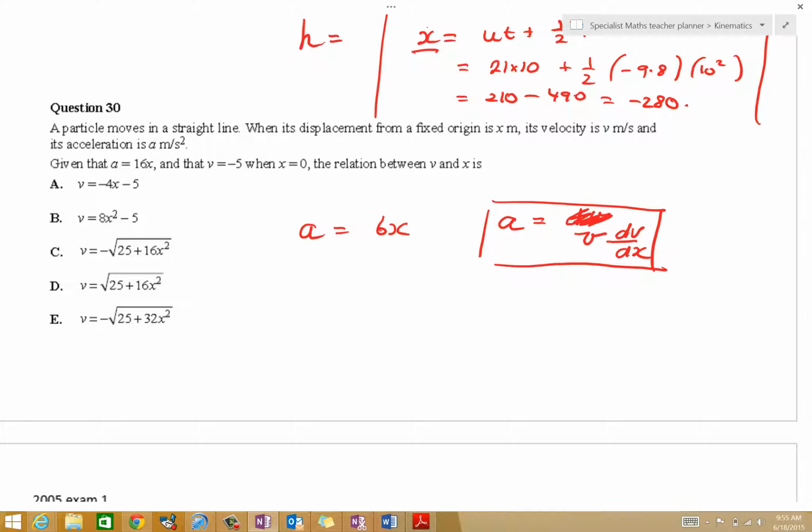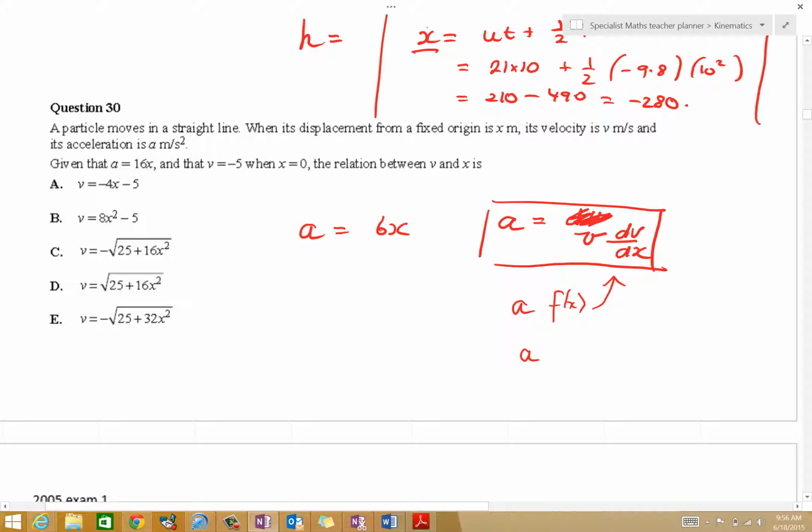Luke, can you explain what you're doing? Well, because acceleration is a function of x, that means we can't use a equals v dv dx. Instead, we have to use the formula a equals d of half v squared dx. So if a is a function of x, then we can't really use that, can we?